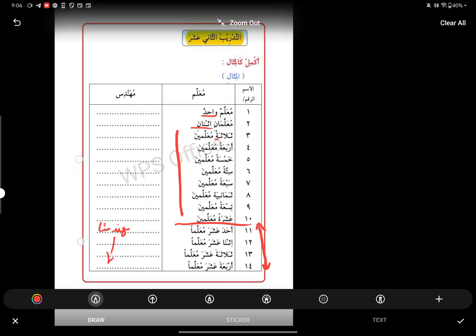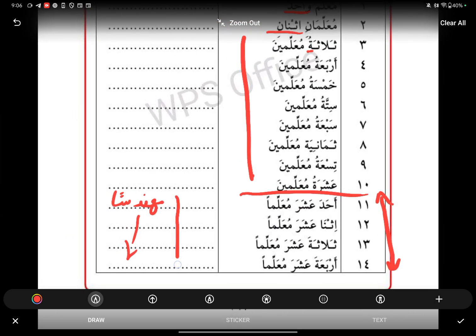So try this one with muhandis. You say from 10 coming to 14.